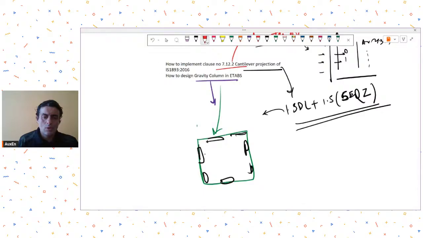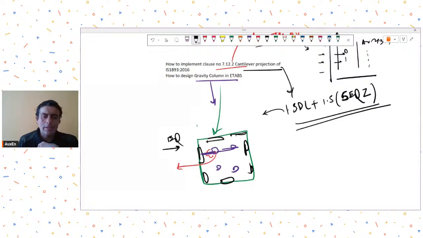So for that, actually, you will have to make multiple things. I'm just thinking, when you have your columns connected to beams, releasing the movements due to earthquake loads is simple.